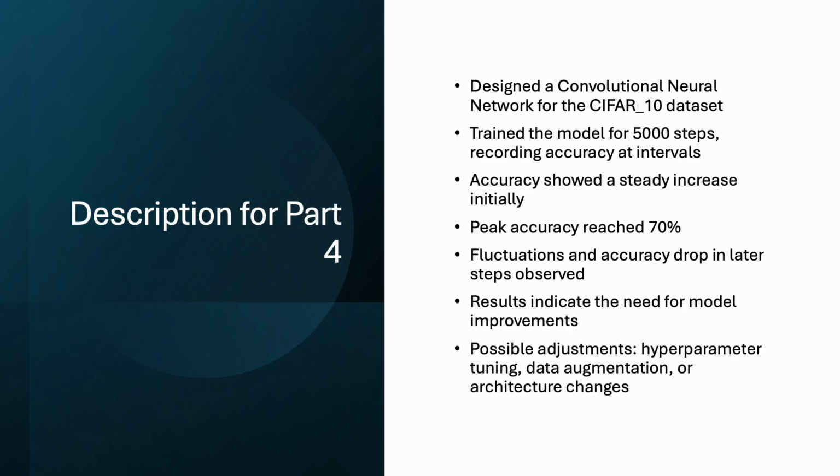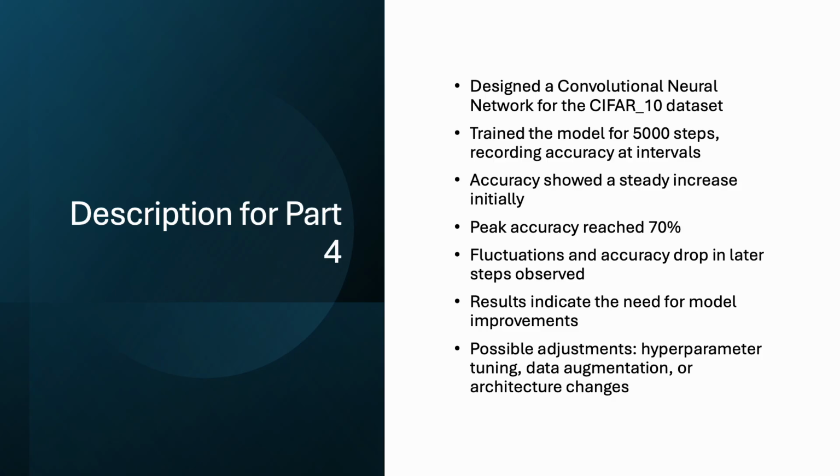I'll go over some descriptions of each step that I did. For part 4, I implemented a convolutional neural network that is designed for image classification on the CIFAR-10 dataset. I trained the model for 5,000 steps, recording the accuracy at different intervals.